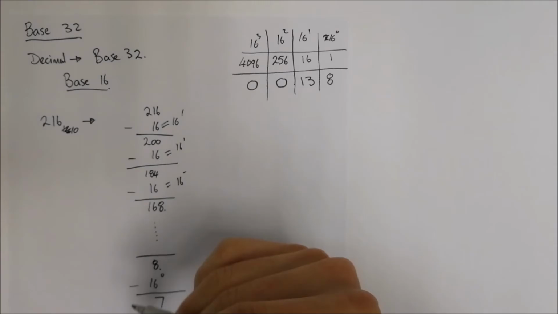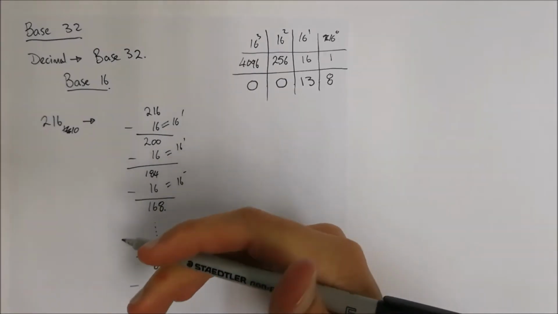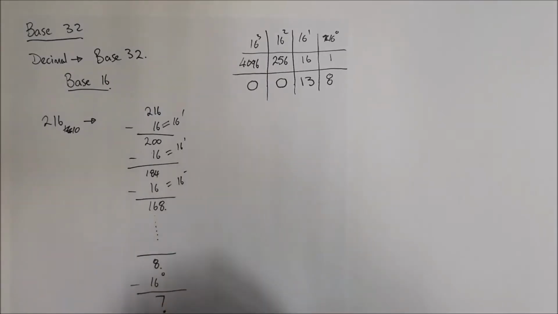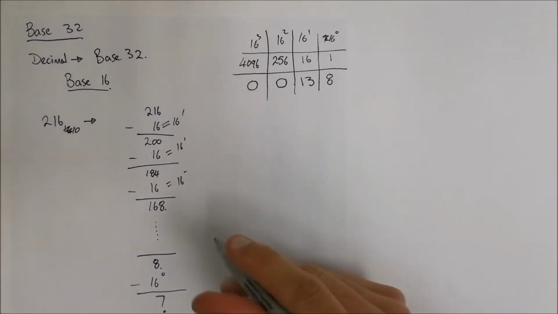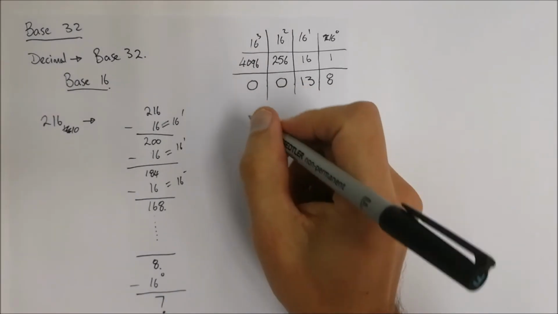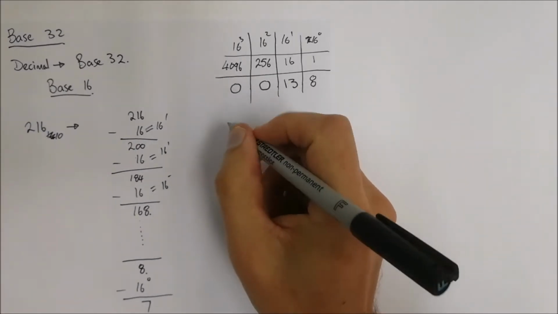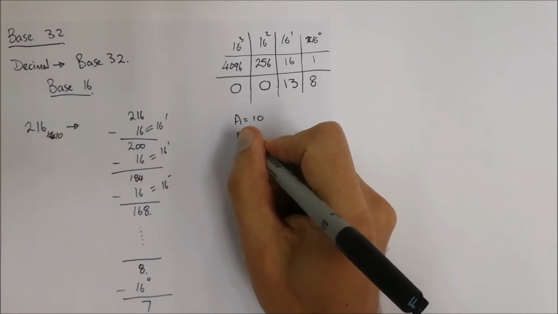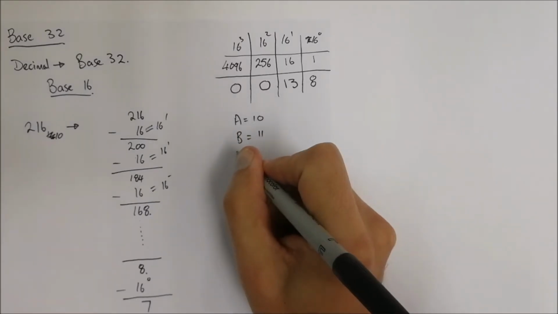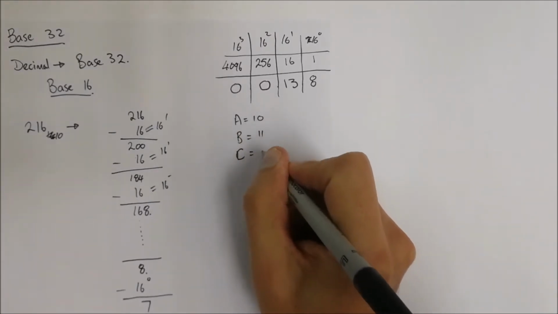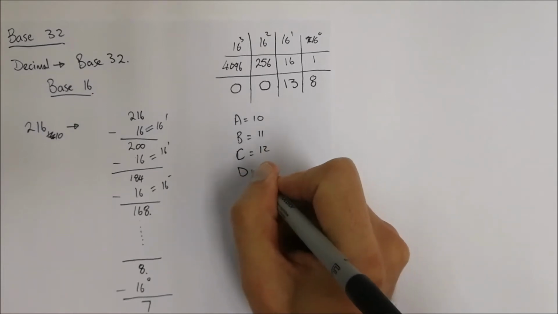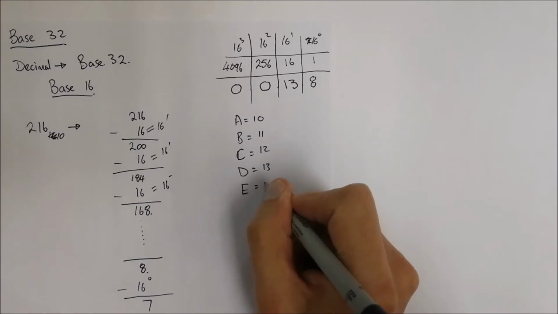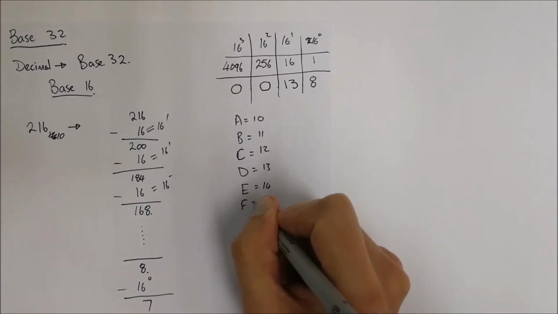I'm assuming that you all understand how to do this, so I'm just going very briefly over the basic concept again. Okay, so we remember that A is equal to 10, B is equal to 11, C is equal to 12, D is equal to 13, E is equal to 14, and F is equal to 15.